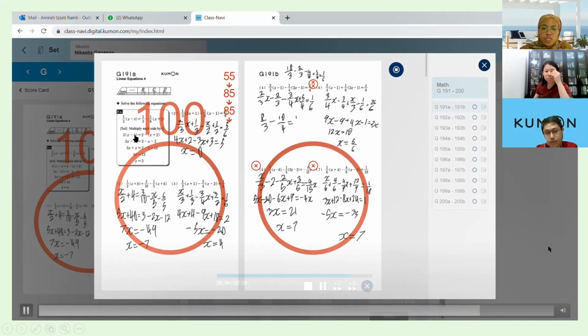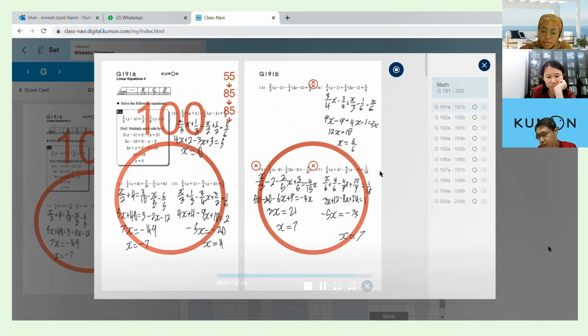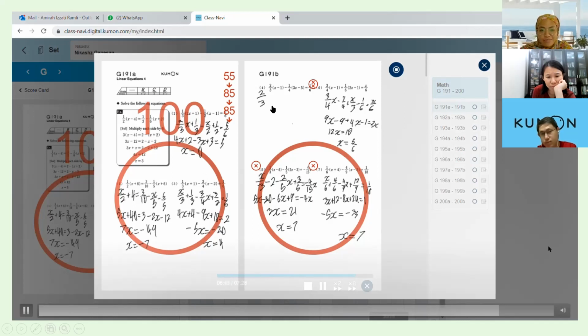But the first 2 times, he was actually expanding, as you can see here. We wait for question number 5. But if you see, number 4 is correct, but he accidentally erased it.